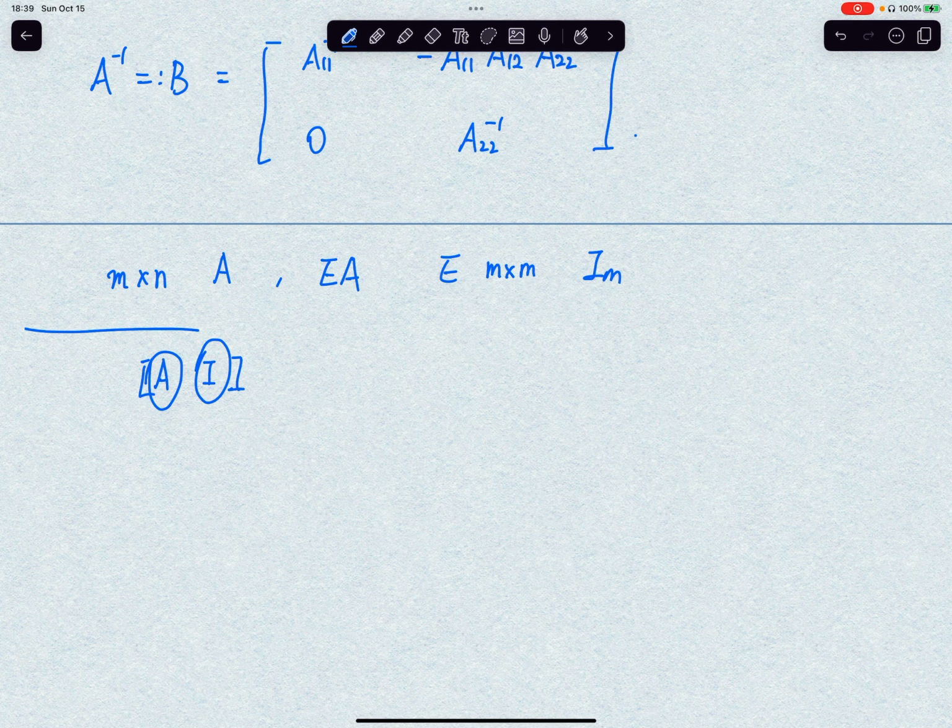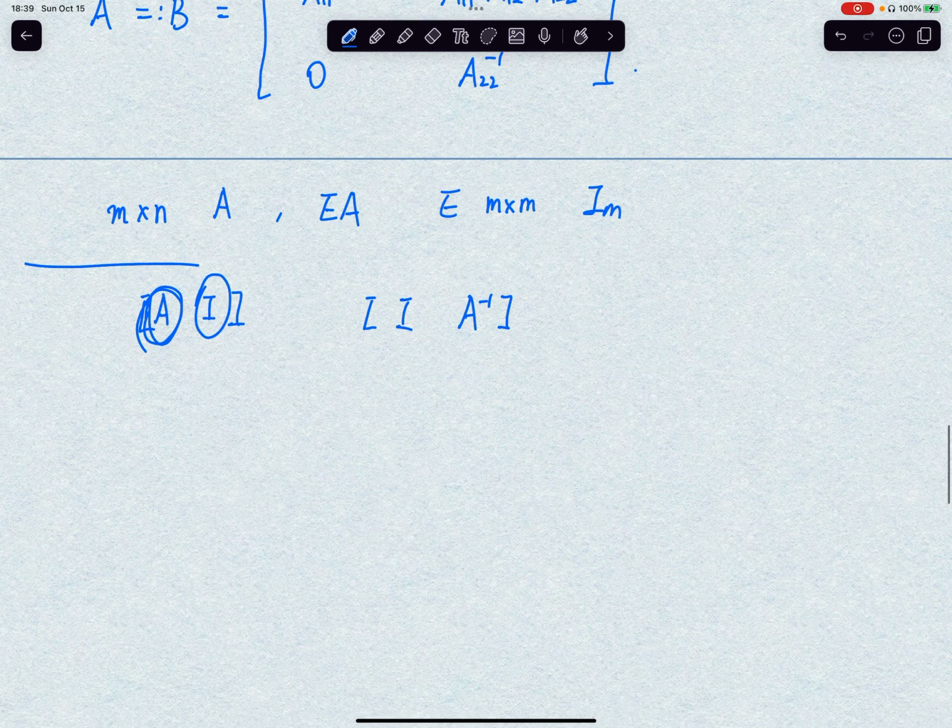So if we have made the left-hand side A into the identity matrix, that really means on the right-hand side we have the inverse of A. So we shall introduce an algorithm for finding the inverse.